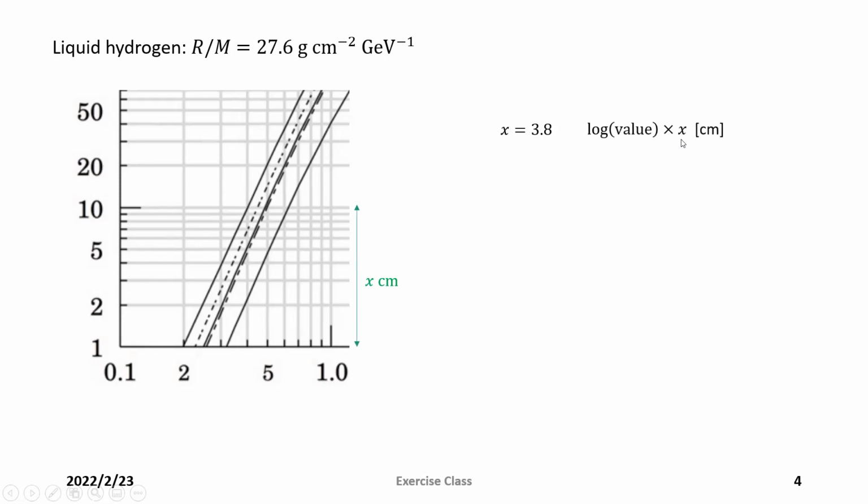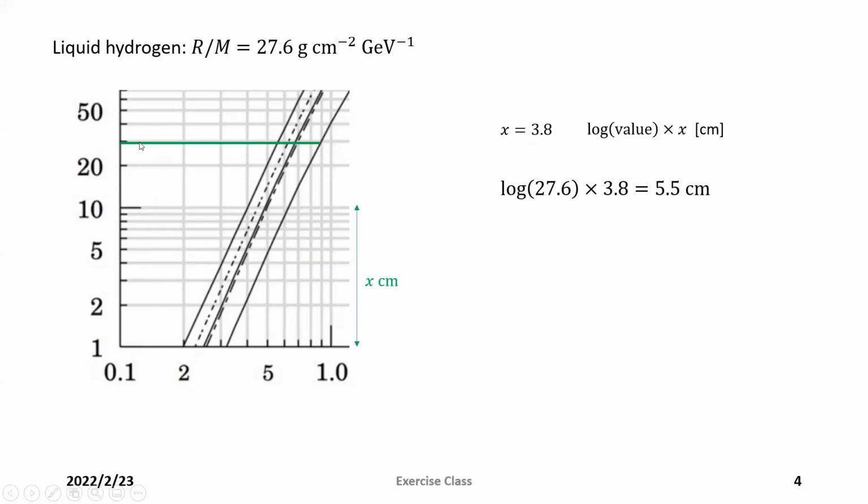Then I multiply the length with the log of the value. For liquid hydrogen, R over m is 27.6, so I calculate log 27.6 and multiply by the length that I just measured. The result is 5.5 cm.